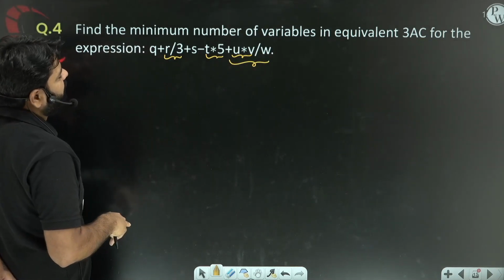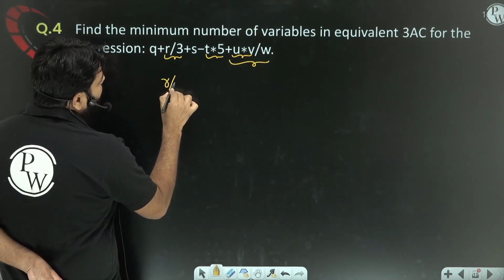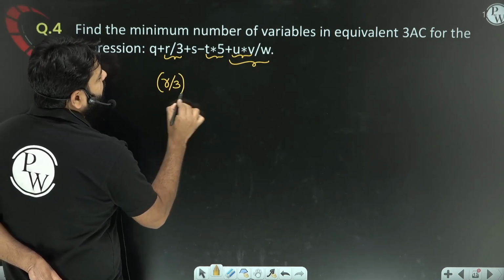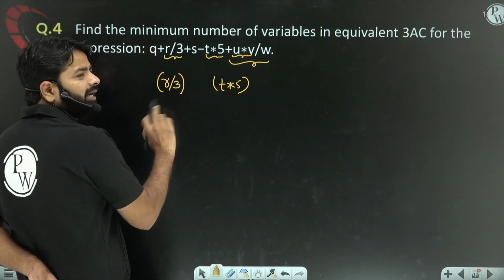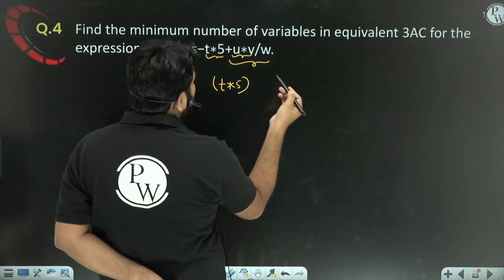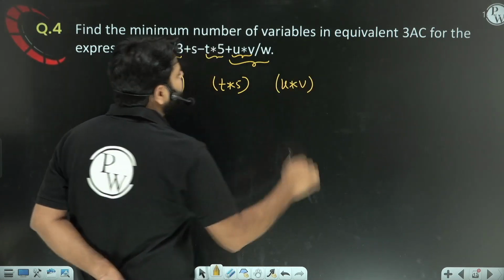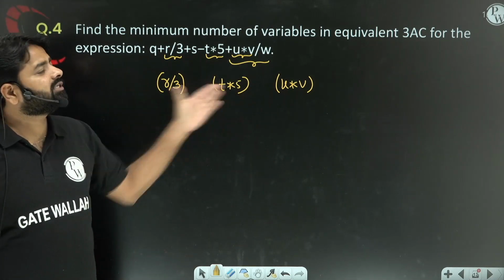Then after that, let me write here in the parenthesis to understand. Okay, r by 3, so we do this first, and t multiply with 5. These two are independent, so any order is fine if you can save the space, and u multiply with v. All the 3 are independent, the order does not matter.